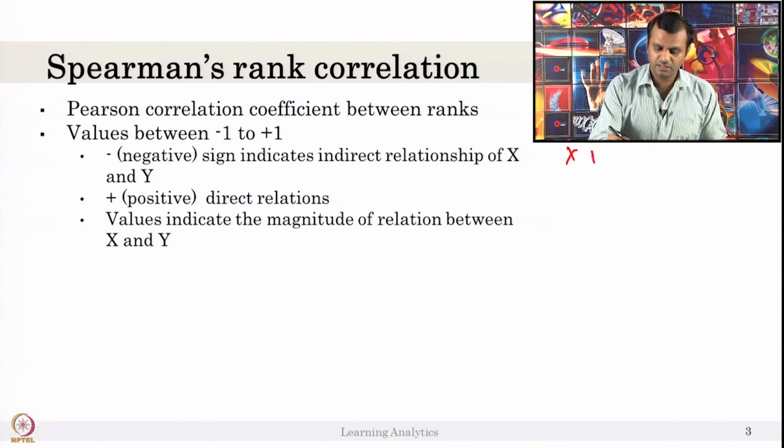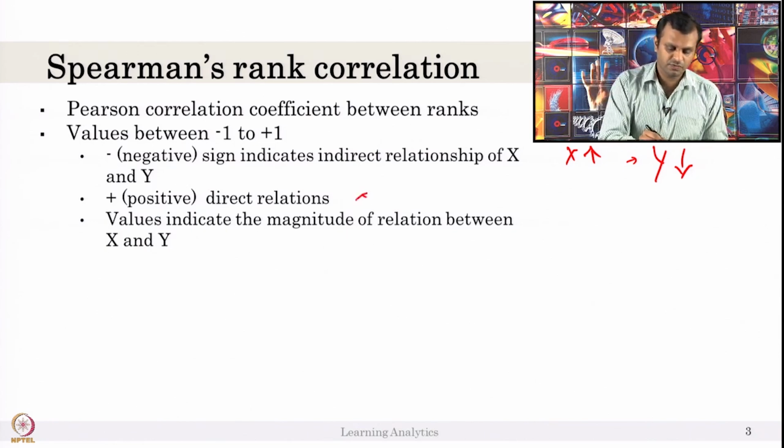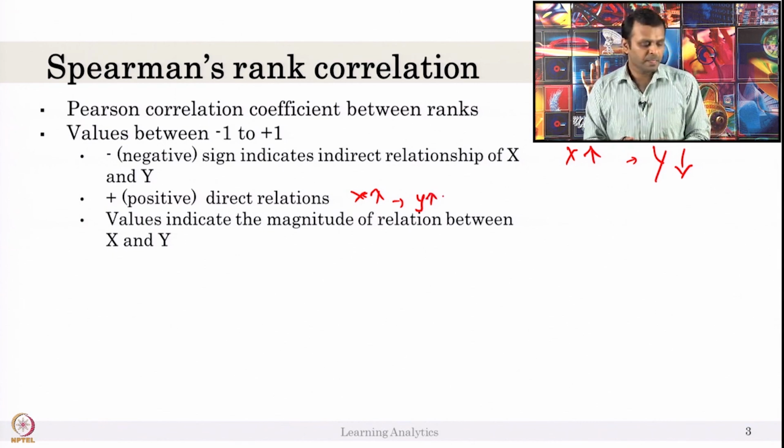The positive sign indicates that if x increases, then y also will increase, so directly proportional. And the value indicates the magnitude of the relationship between x and y. If the value is like 0.8 or 0.9, it is strongly correlated. 0.2 indicates the correlation is a bit weak.